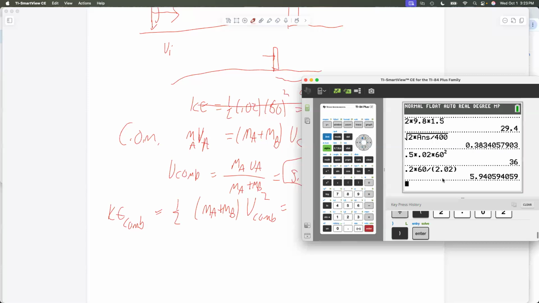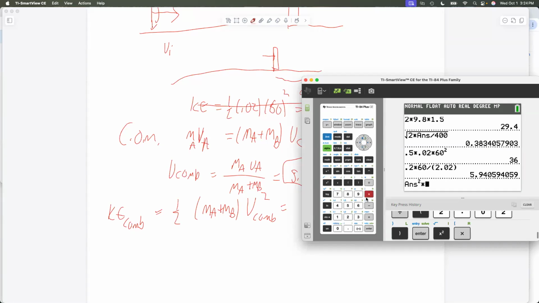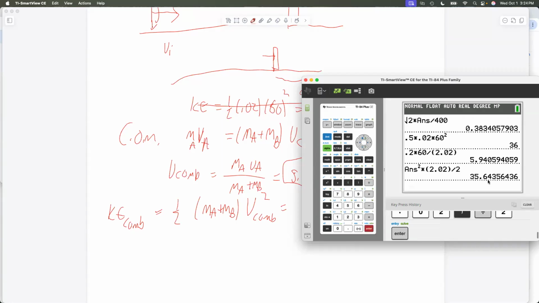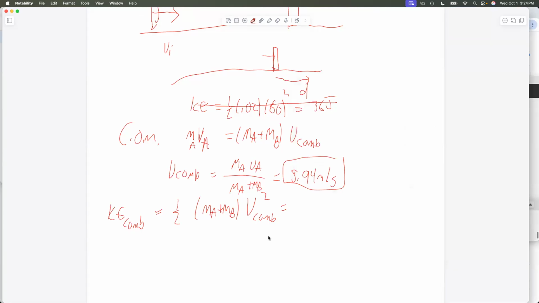So I'm going to take that and square it, and then multiply that by the combined mass, 2.02, times 1/2, so divided by 2. 3564. That's my kinetic energy, in joules.